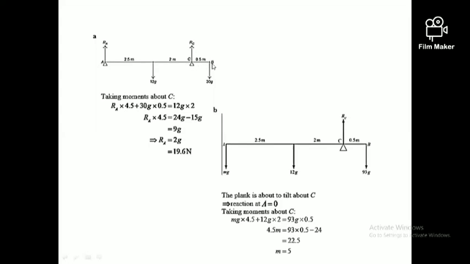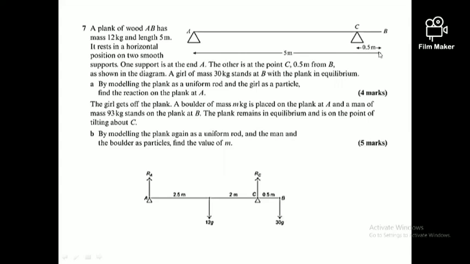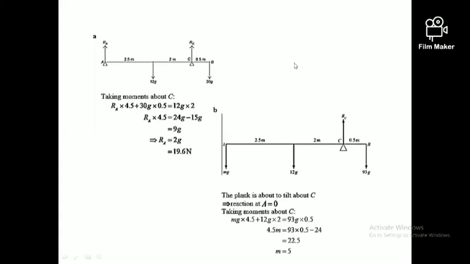We know that this length is 0.5, from the information given in the question, right? Then you can mark 12g into 2. So RA into 4.5 plus 30g into 0.5 equals 12g into 2 meters. With that, you can obtain the answer over here.